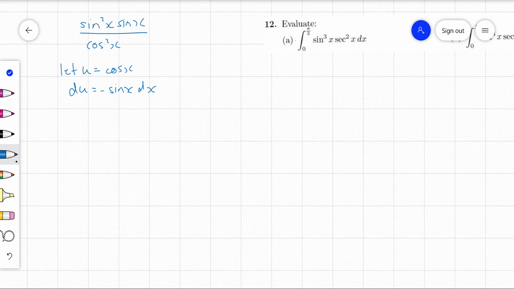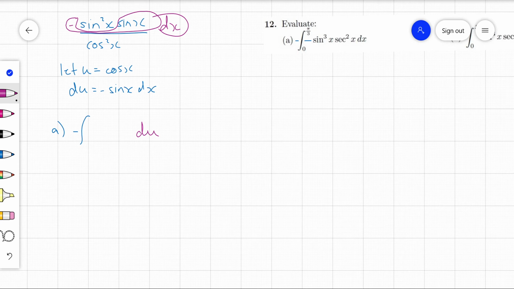All right, if I just put a negative there, you can see that I could change it to the integral of, and it's negative, in terms of, if I do that in a different color, you'll see. So the negative sine x part, with the dx there, is going to give us du, so that bit's du.